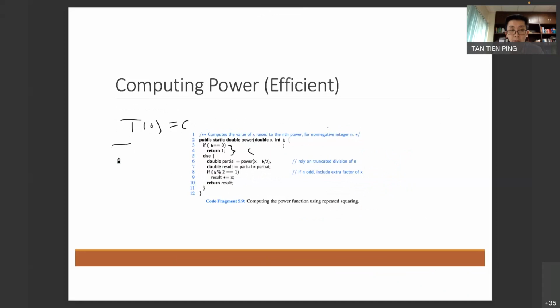Then Tn equals T of n over 2 plus a constant. You can do it yourself, I think. Let us look at what happens. So this k here is actually n. Sometimes if they didn't use n, don't say there's no n.